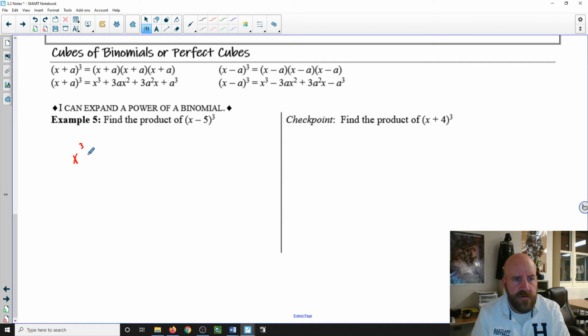So x cubed plus 3 times a, which is negative 5, times x squared plus 3a squared, which is going to be negative 5 squared, so 25, and then x plus a cubed, so negative 5 cubed would be, actually I got it right, it's going to be a minus 125.